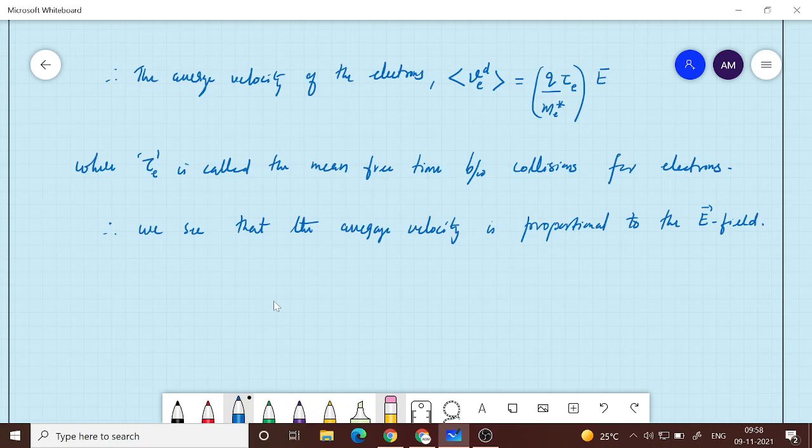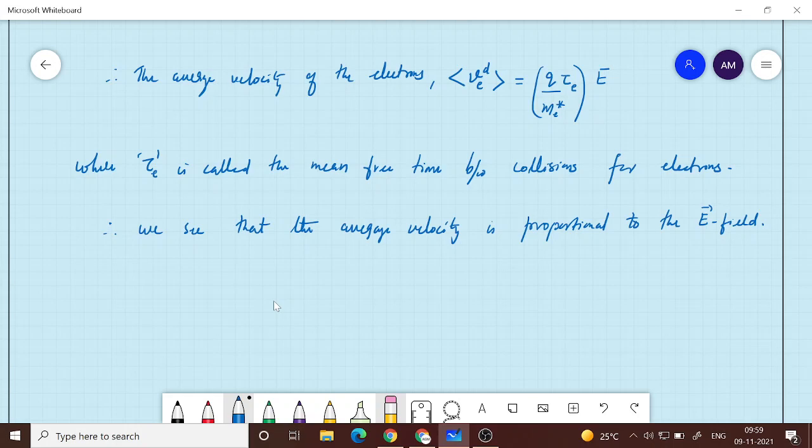Now whatever is in this bracket looks like a constant, because the electrons at the bottom of the conduction band have a constant curvature after the parabolic approximation that we studied earlier. So m star is a constant, and tau is a constant, which is the mean. It is a constant provided the temperature is fixed, as well as the impurity concentration is fixed.